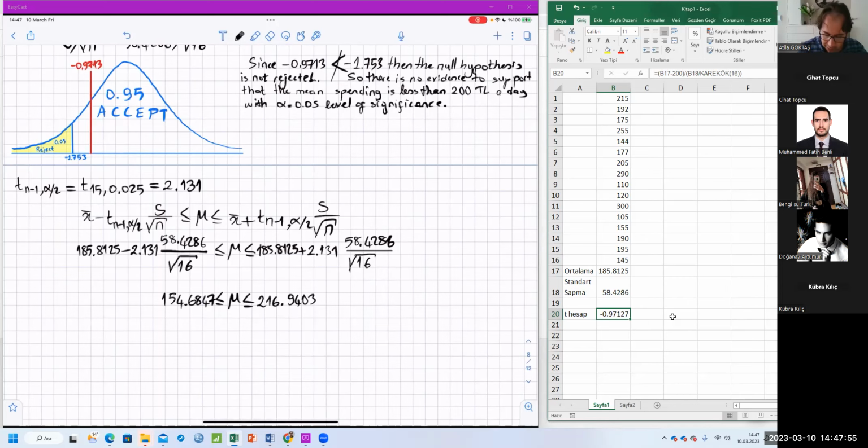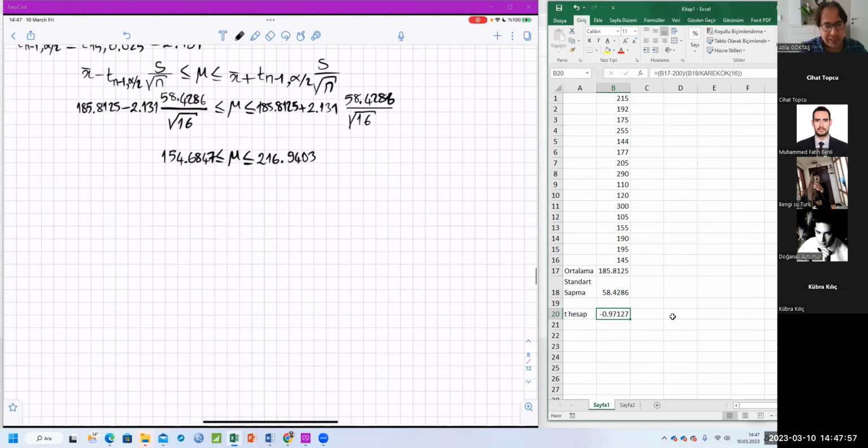So according to the confidence interval, we can tell that we are 95% confident that the mean spending is between 154.68 and 216.94 Turkish liras a day for students who are majoring at Atılım University.